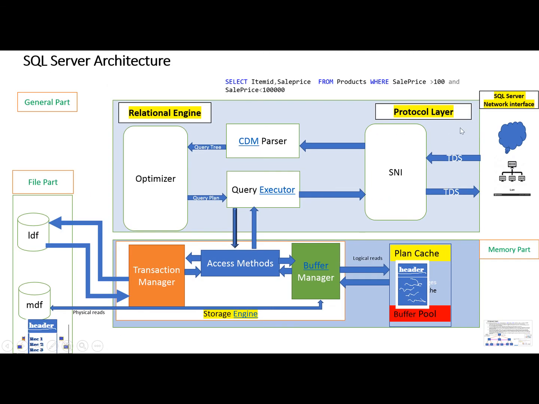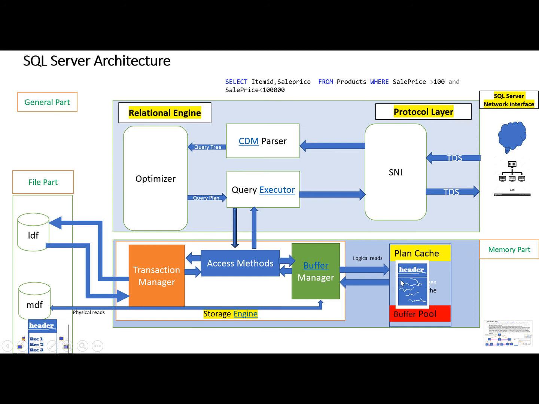This is the architecture. The query is passed by the query processor, and the query processor asks the storage engine to find the records for this query. The storage engine will check whether the page is already in the buffer pool, the plan cache, or not. If it is already there, it will start reading the page.